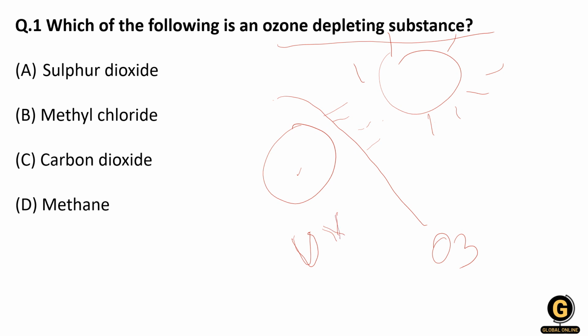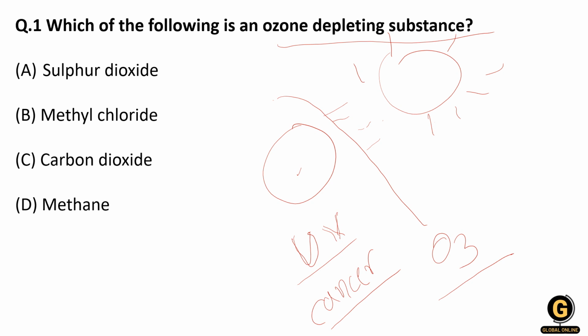So what happens if this UV light directly comes on earth? If it falls on us, it causes cancer. So ozone layer protects the direct interaction of the UV lights with the earth, right?